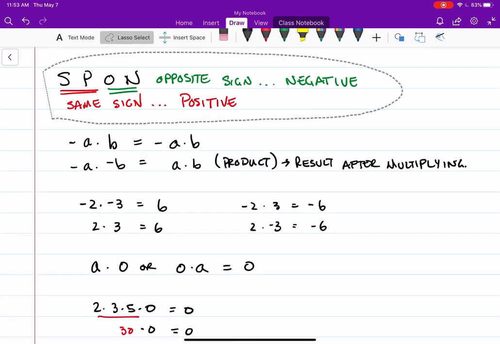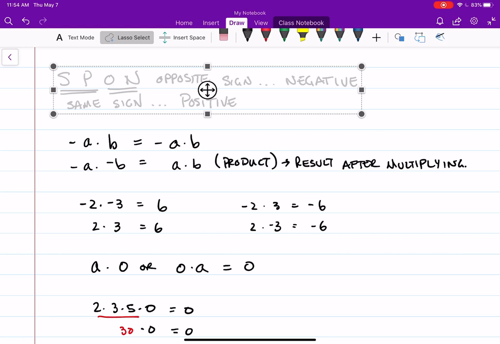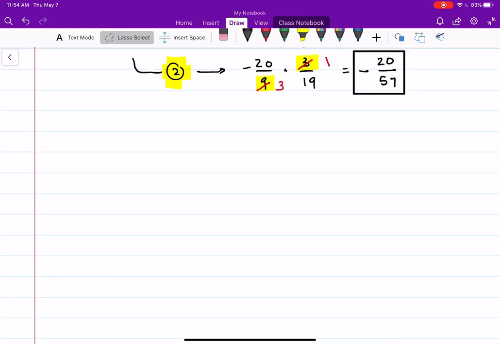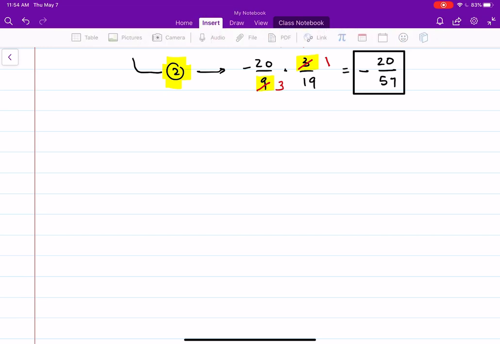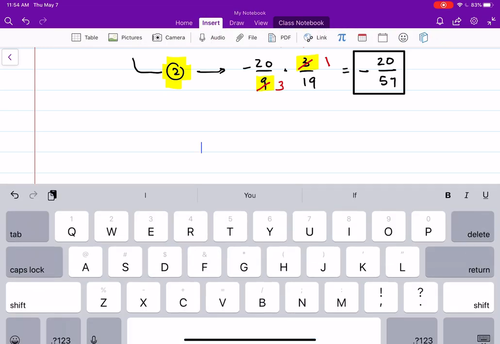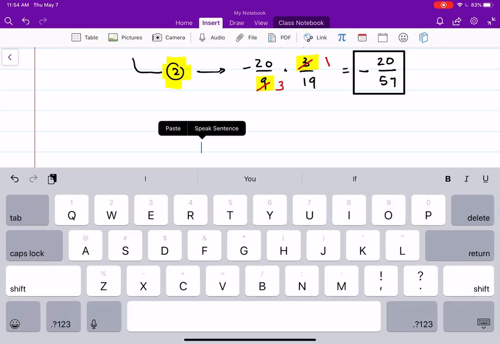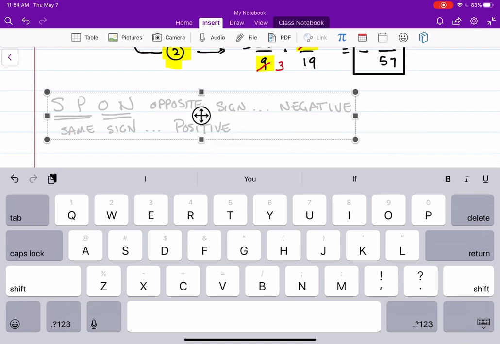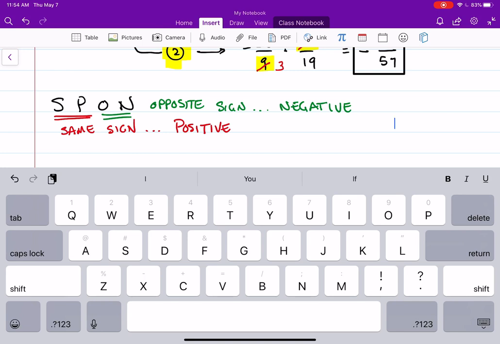Let me copy this, paste it and move it. The sign rules still work the same way with division, okay?